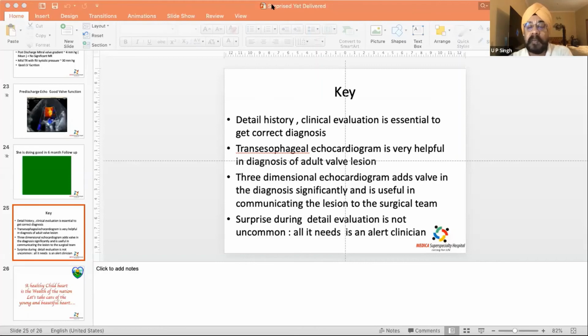So now let me go back and ask the questions again. What is the approach for infants who have a mild to moderate ASD? How is it followed up? What is the indication for closure, and at what age? Usually we don't touch before 3 years of age.